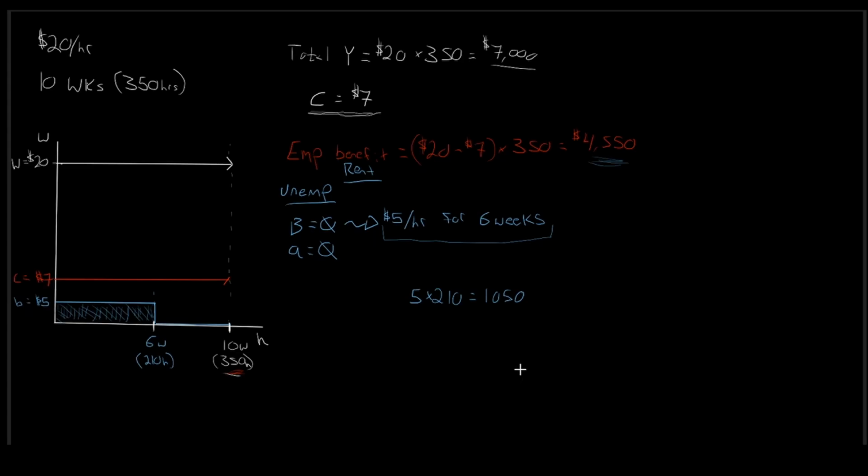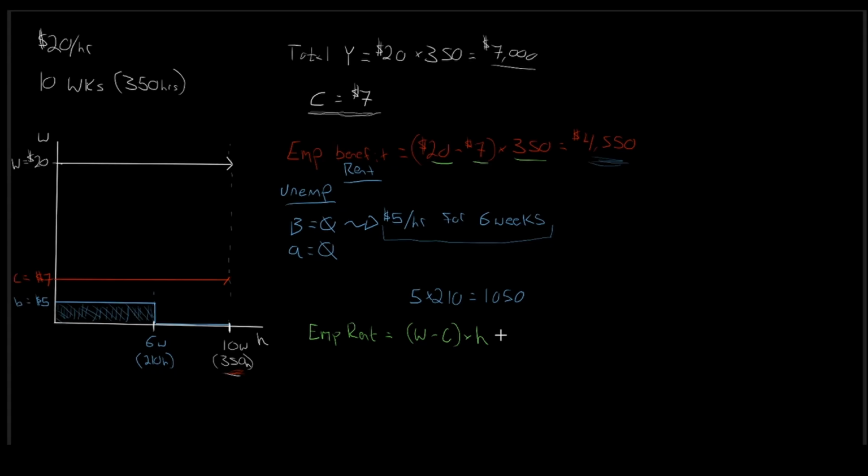To put this another way, we could say that our employment rent is equal to our wage minus the cost times the number of hours altogether. In that case, that was 20 minus 7 times 350, and that gave us our total employment benefit.